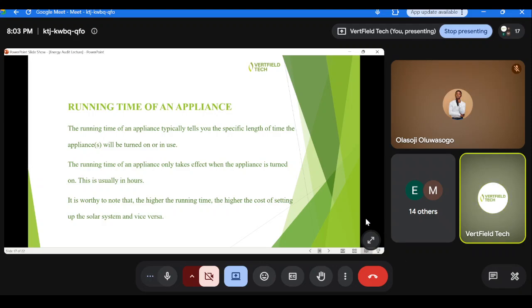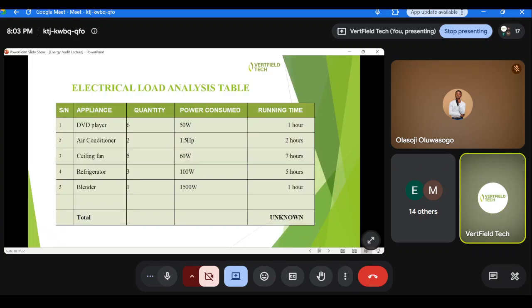All right. So going back to our table right now, you can see the table is complete. We have the quantity of appliance, the power consumed by the appliance, and also the running time for that appliance is made available. So the next thing is for us to run a load analysis on this table.